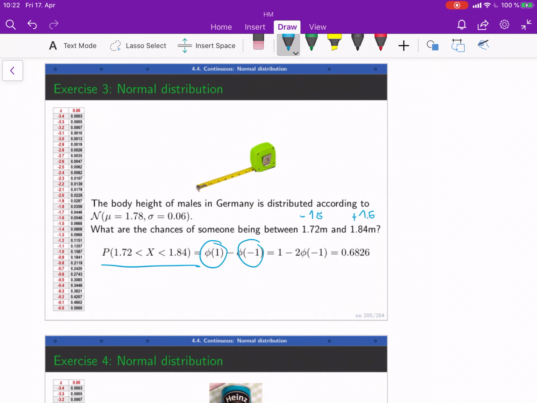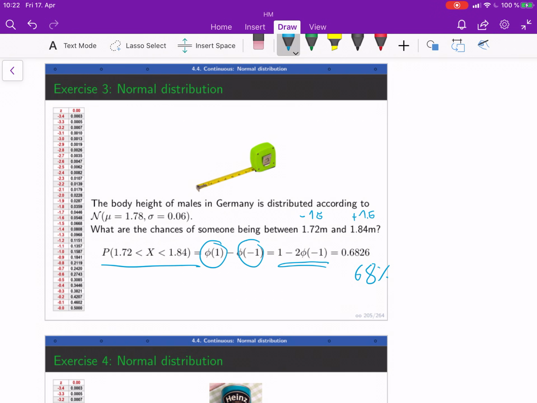And then I want to make everything negative because that's what my table is showing, so I can convert it into this one here, and that's 68%. That's exactly what we looked at earlier in the black and white graph when I showed you. Yeah, within 1 standard deviation you get 68% of data points.